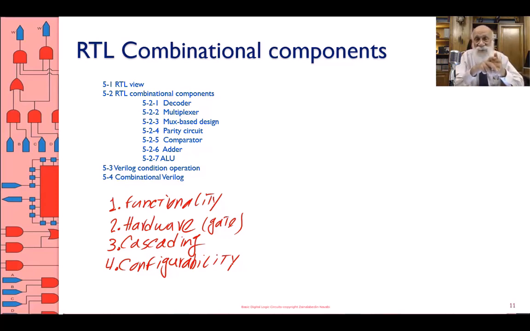Or for example, what if I design a comparator which is an unsigned number comparator, but then somebody else needs a 2's complement comparator? What do I do? Well, I configure that certain comparator, without doing the complete comparator again, to make it a comparator that compares 2's complement numbers. So configurability in certain components is needed.